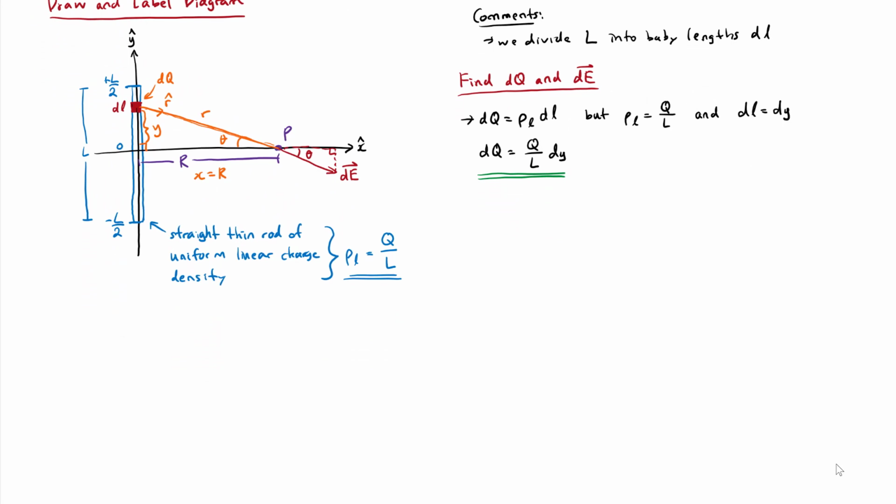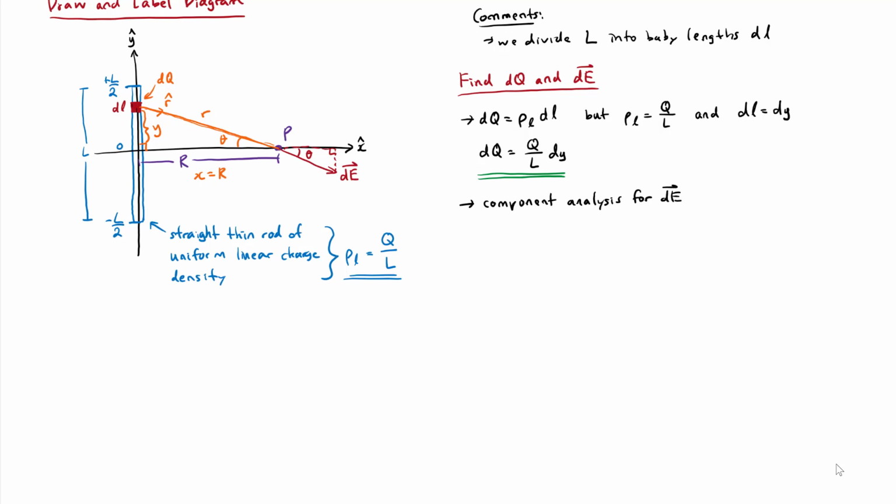So we now have dq, and now we have to figure out dE. But we also know when we take a look at dE that it's not going in the x direction and it's not going in the y direction, but actually a combination. So we have to do component analysis for dE.